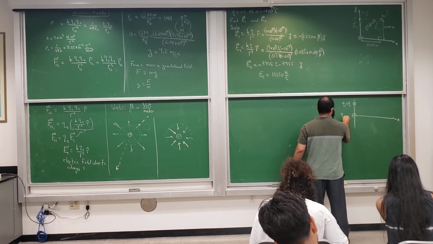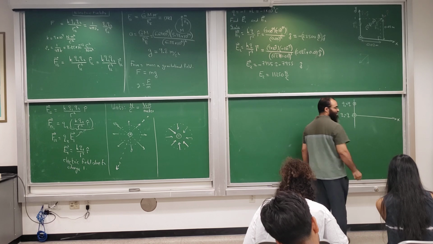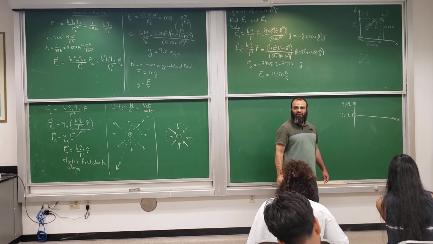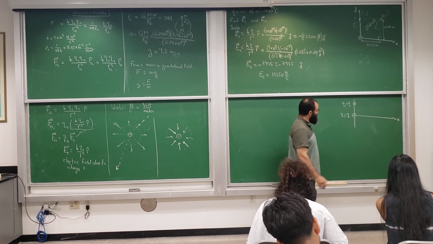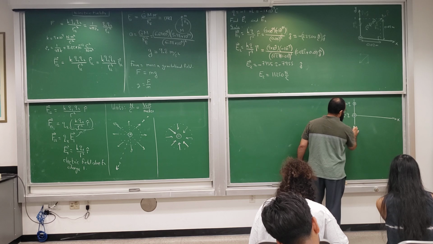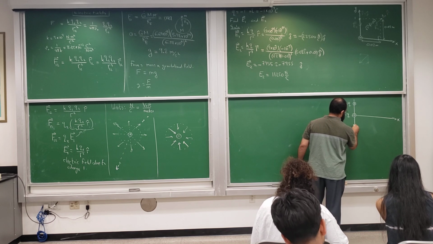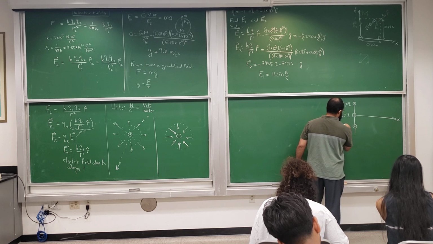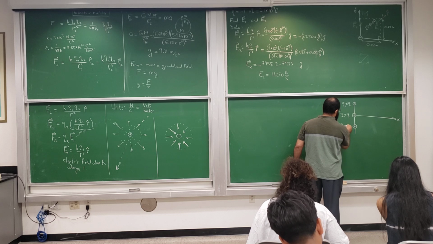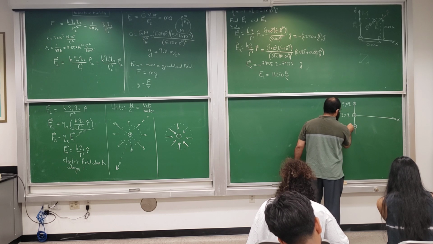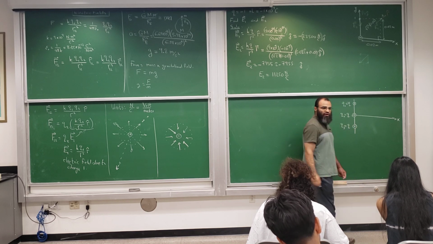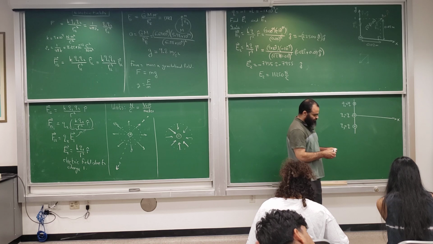Q2 is also going to be given a value of Q. We're going to work with symbols in this example. And then Q3 also will have a value of Q. All 3 charges have a value of Q.